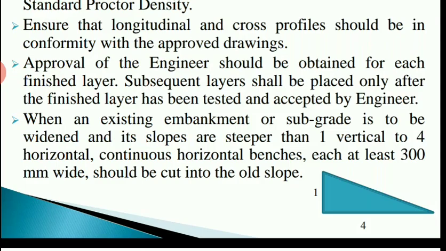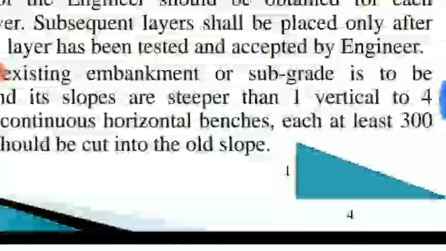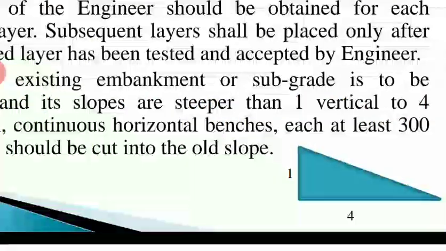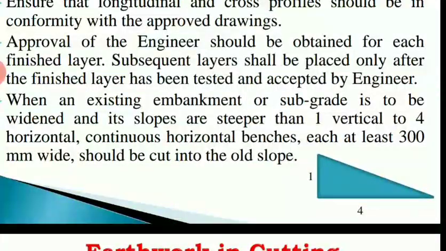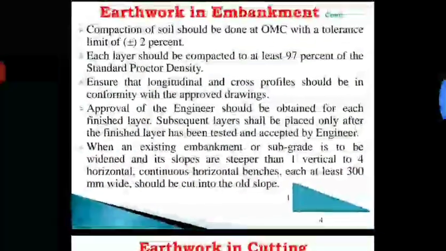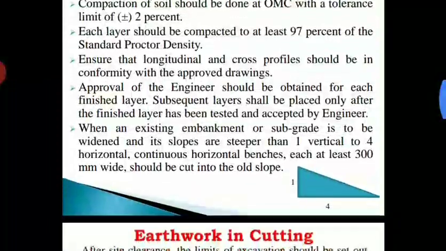Referring to this diagram, this is the existing 1:4 slope of the embankment. If this has to be widened, we need to dig and increase it up to a 300 mm width, and later we can cut into the old slope. Okay, and this is about the earthwork in embankment.